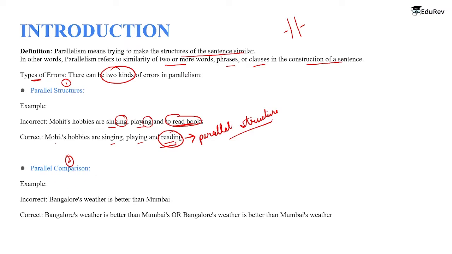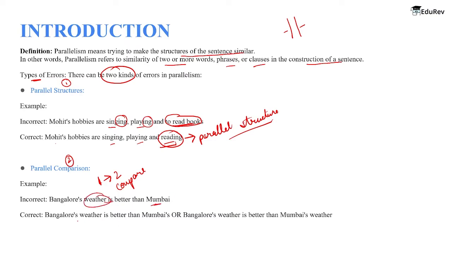Now what about parallel comparison? Bangalore's weather is better than Mumbai. What is comparison? When we are comparing one thing with another. So here we are comparing Bangalore's weather with Mumbai.